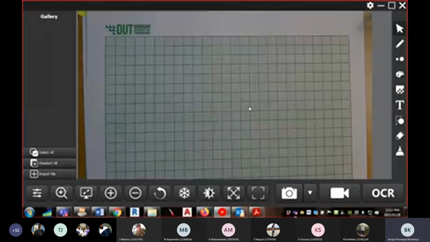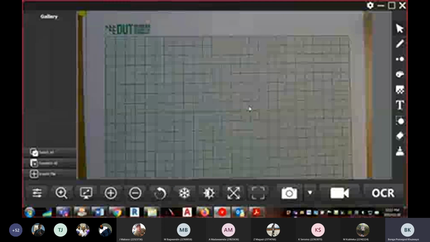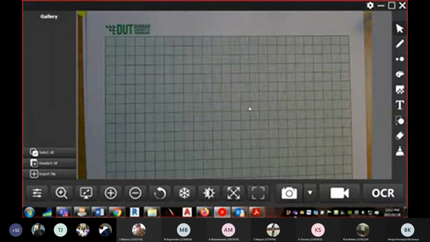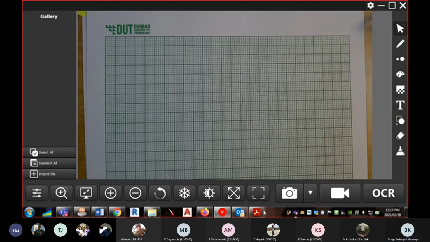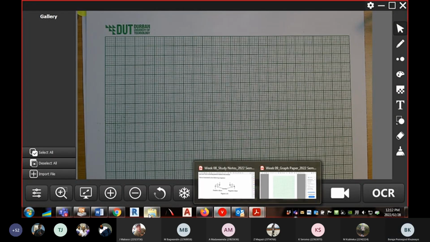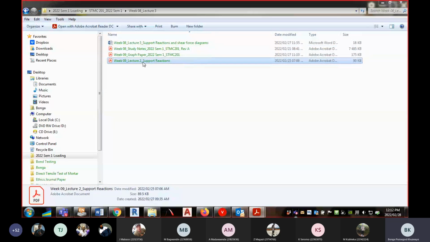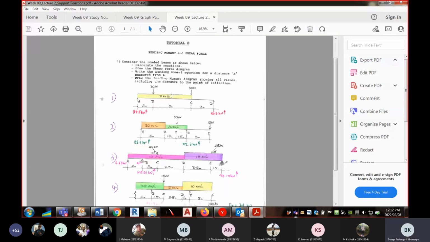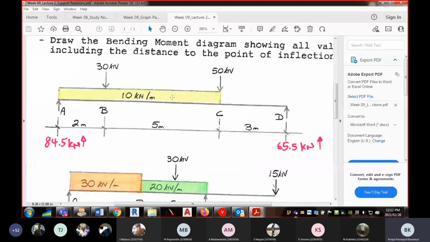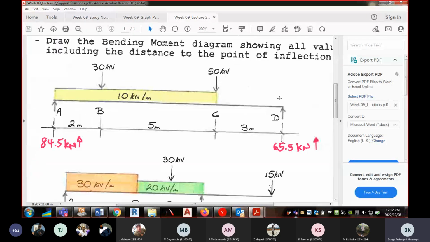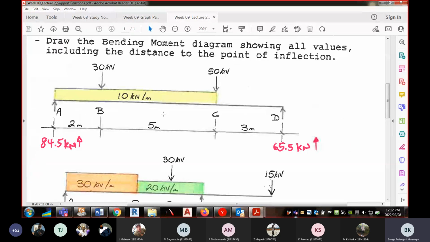So what we are going to do here is this. Where is the problem we did last time? I've got it somewhere here. Let's check the support reactions. This is the first problem we did. That's why I gave you that assignment, so that you can calculate the support reactions.